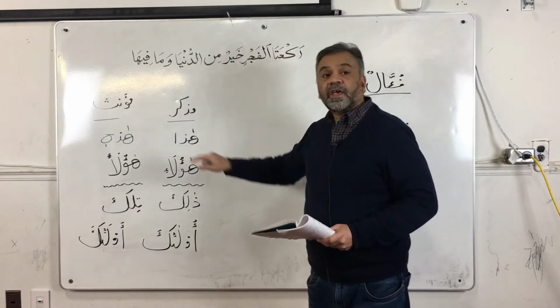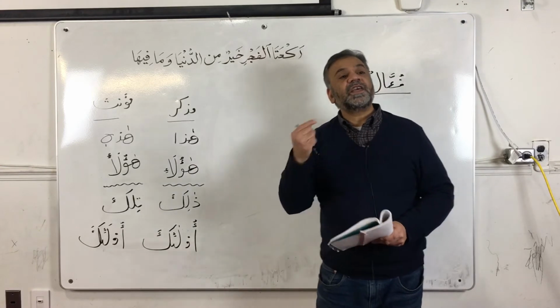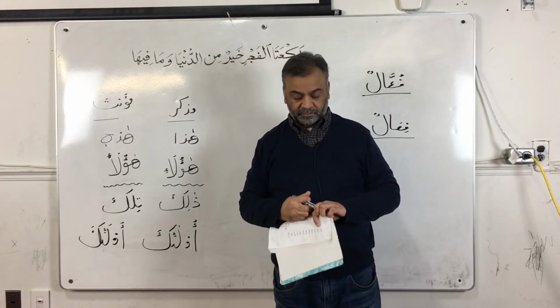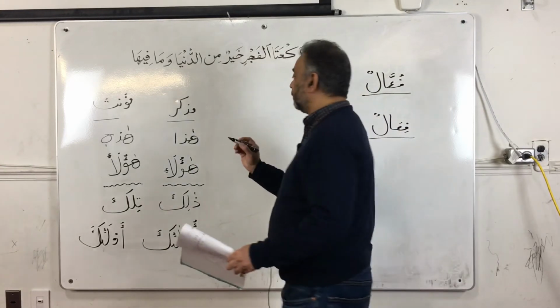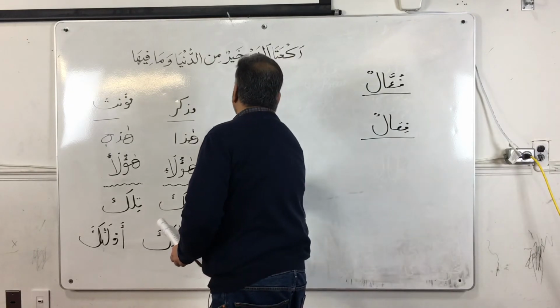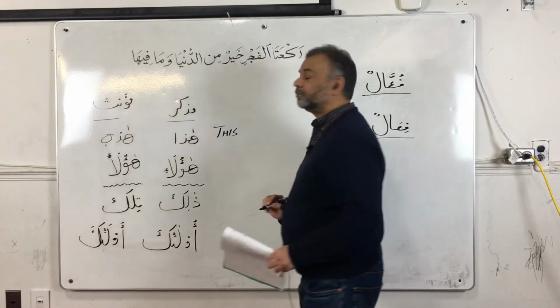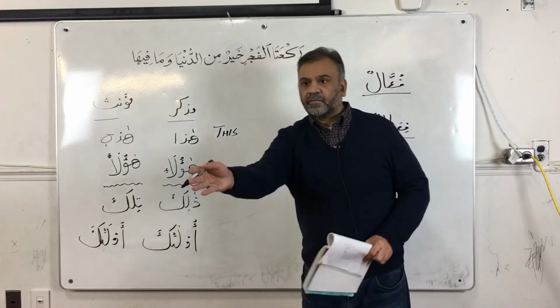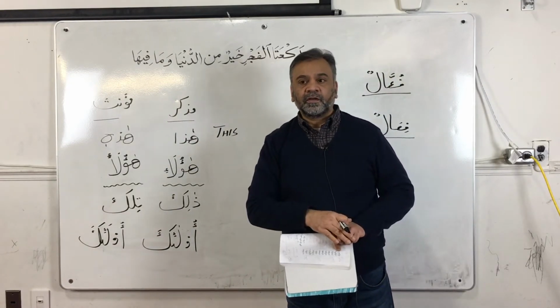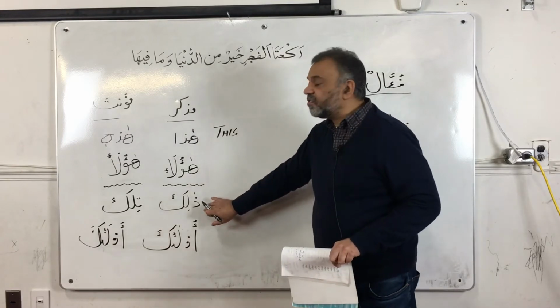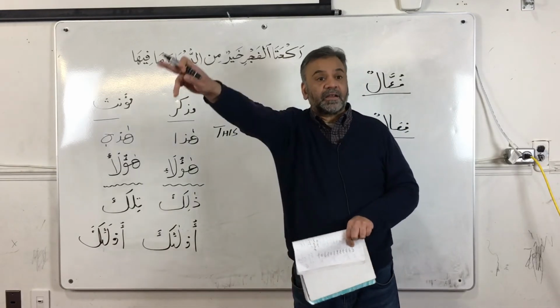When I say haza, what is the meaning of haza in English? This. Right? This, which is for things that are close to me. When I say zalika, what is the meaning? That.